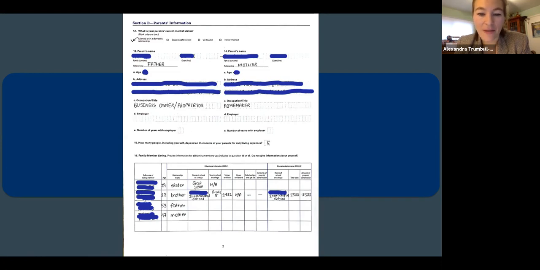We need to see how many people are in your household, because if a student indicates that they can support $20,000 per year, but then they list that they have 13 siblings, we just need to make sure that we're seeing proof that that's accurate. Every once in a while, even though we ask for these contribution amounts in US dollars, we'll still get the amount in whatever the currency is of the home country.